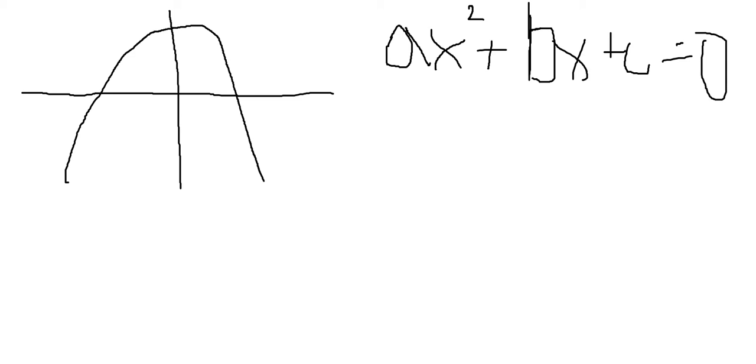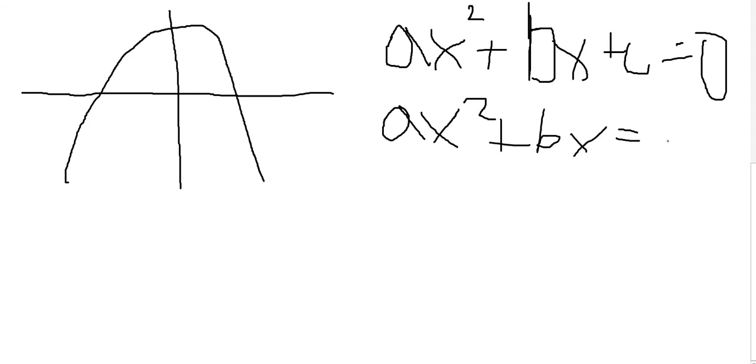So what you can do to solve this, I'll bring in forms of the square root to figure out. Here what I'll be doing is subtracting c from both sides. So you get ax squared plus bx equals negative c. Now I'll subtract the bx first.